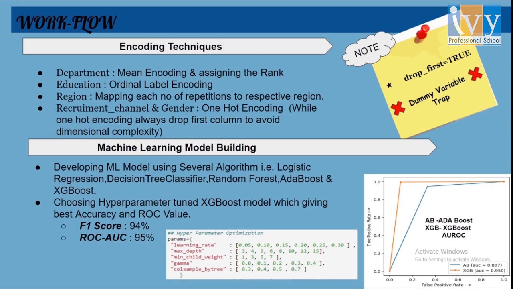And I also got a good ROC AUC value. The higher the ROC score, the better the model is at distinguishing between the positive and negative classes, that is true positive and true negative. So basically it means we can rely on our model pretty much.